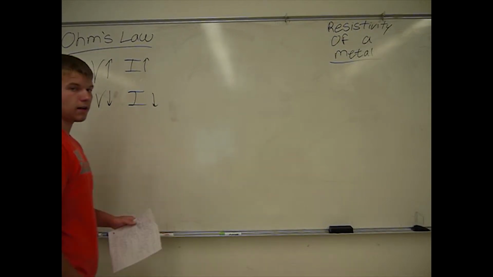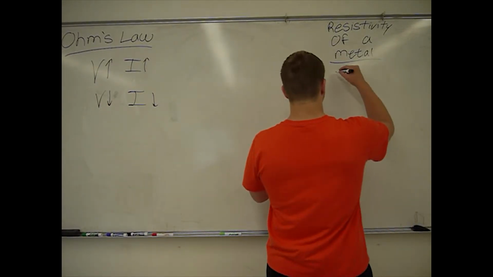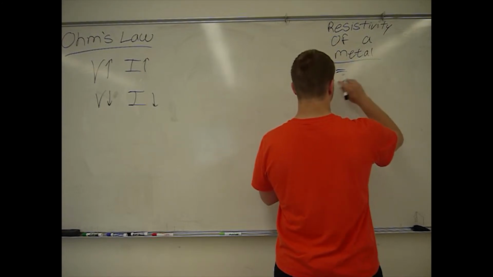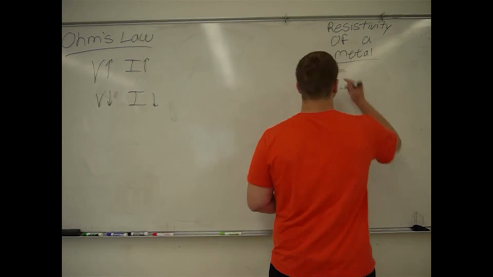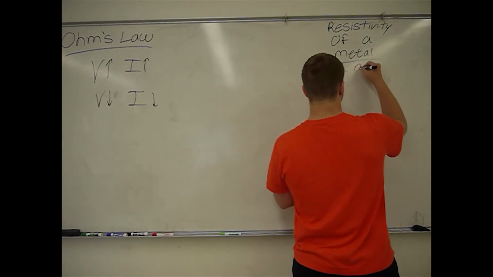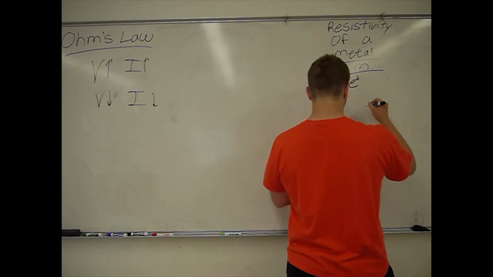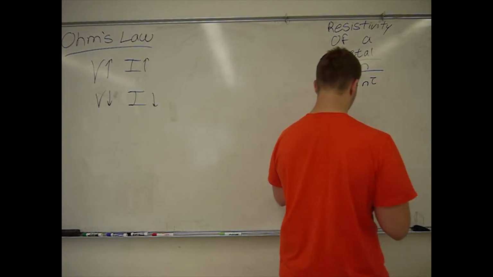Now we're going to look over here at the resistivity of a metal. This can be determined by the equation rho equals the mass of the electron over e squared n tau.